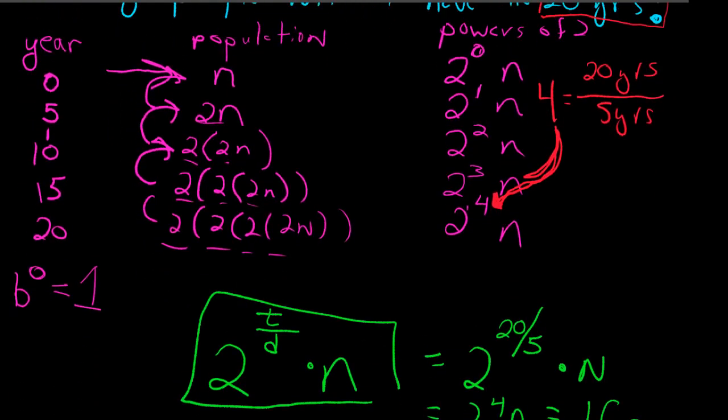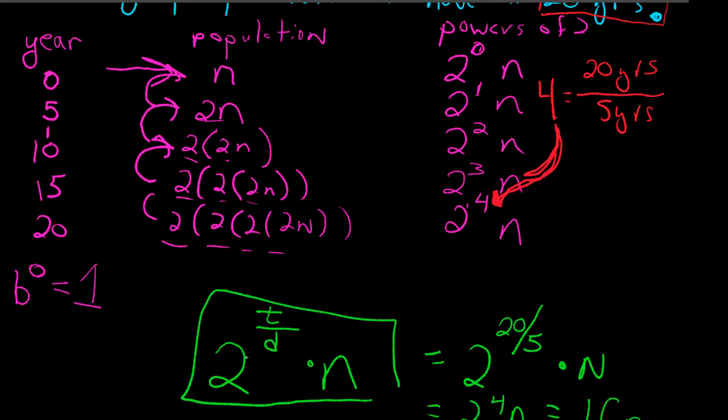And so if we come down here, when I put it together, I have 2 to the power of how much time I'm waiting for divided by the doubling time. And that n in the front is the initial population.